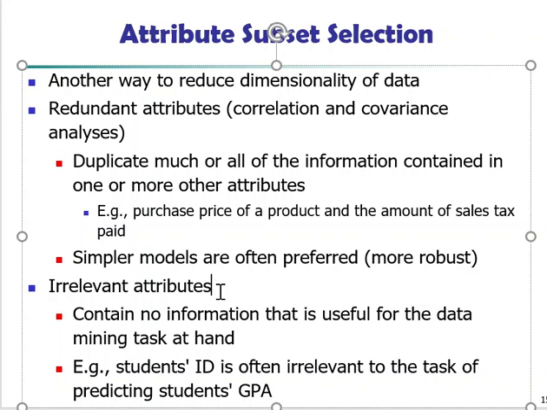For example, student ID, if we are going to predict students' GPAs, we probably wouldn't use student ID as one of the attributes. We can remove that attribute because that attribute is irrelevant. This is another simple way that can be used to reduce dimensionality.